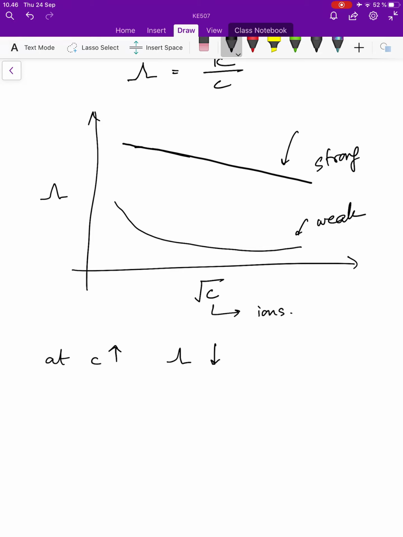So when the concentration of the electrolyte increases, you have more ions in solution, and these ions interfere with each other when they are moving to their respective electrodes. As the concentration of the electrolyte becomes weaker, there are fewer ions in solution, and therefore there is less interference of ions with each other, and therefore the conductivity, or the speed at which the ions move towards their respective electrode, increases.